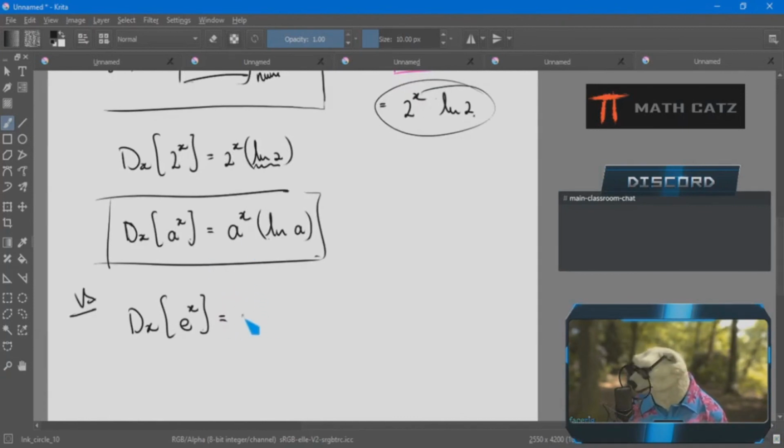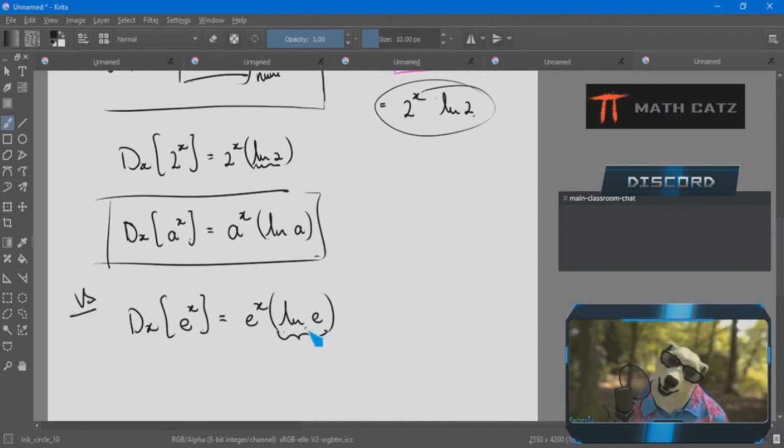Would this formula work? Well, it says e to the x, natural log of e. Where's the natural log of e? Ooh, that was supposed to be a curly bracket. Whoops. Curly.